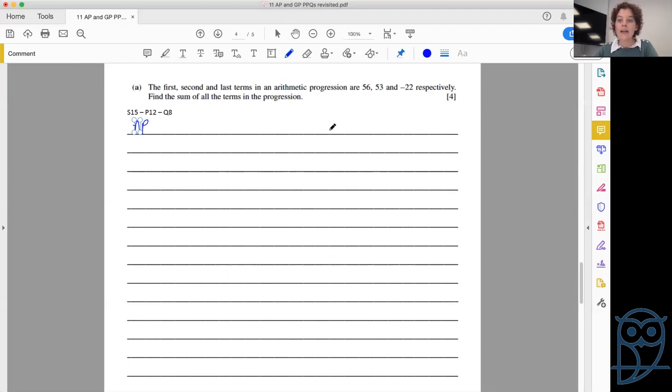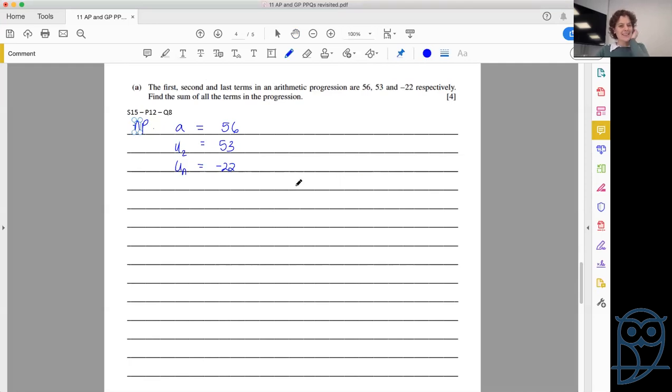So, again, we always start with our summary. AP, first, A equals, second, U2 equals, and last, who's the last? UN. Remember subscripts, hey? Must be subscripts. A is 56, U2 is 53, UN is minus 22.